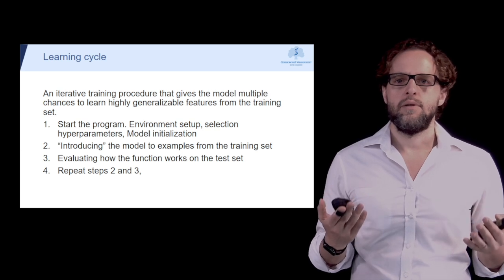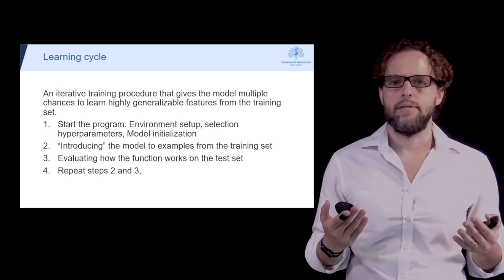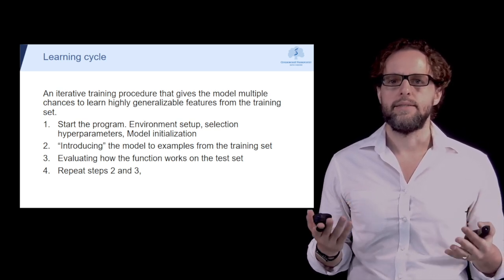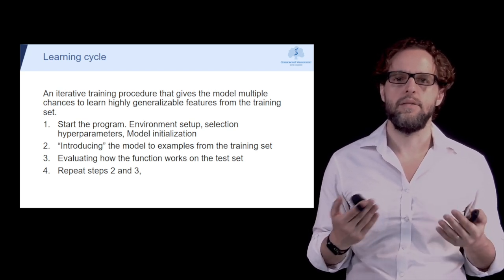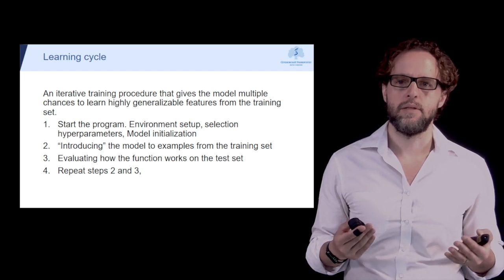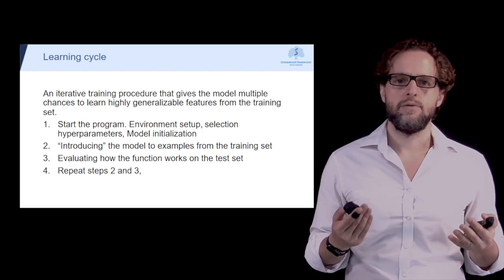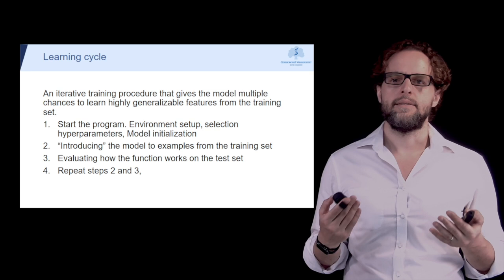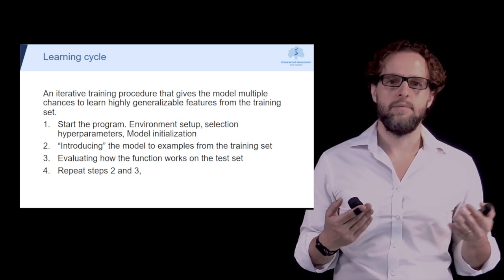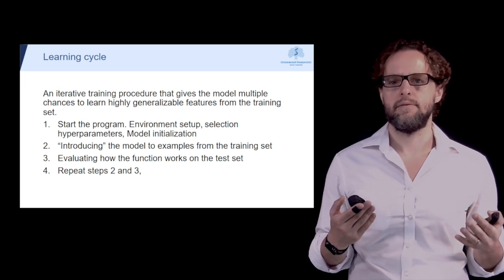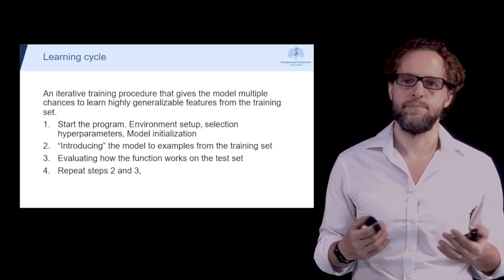Introduction: the model is shown examples from the training set in order to study the function from inputs to outputs. Evaluation is how the function works on the test set. If the model performs better than ever before, we keep that version of the model.